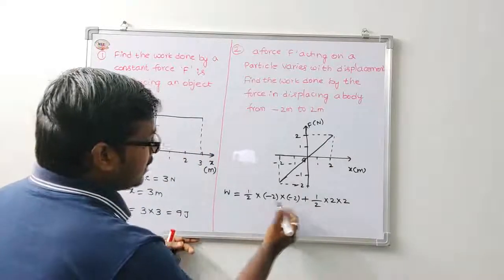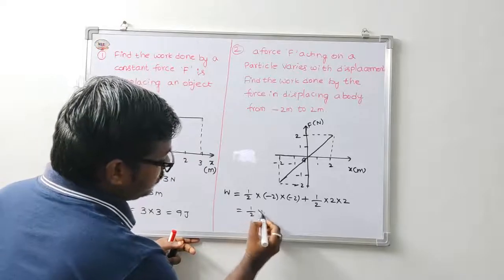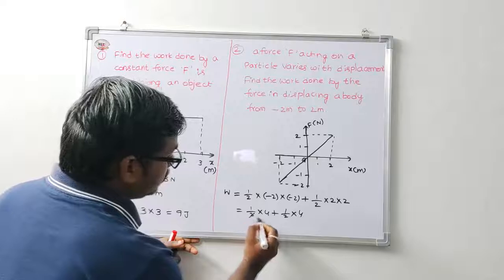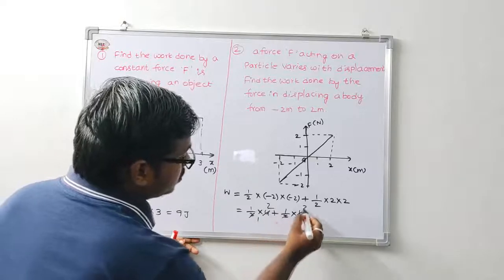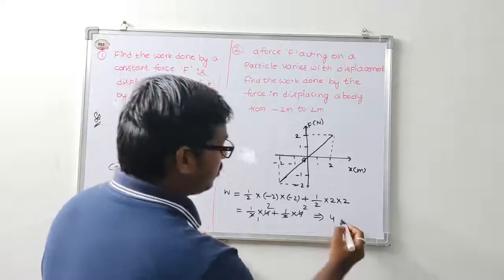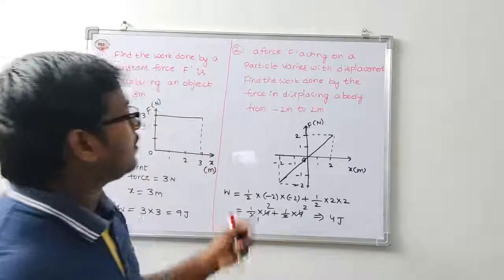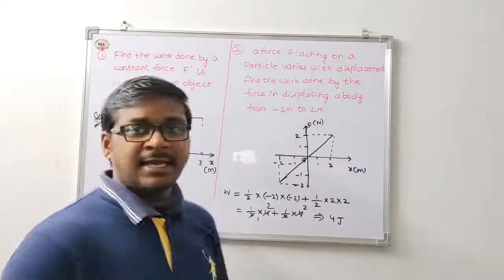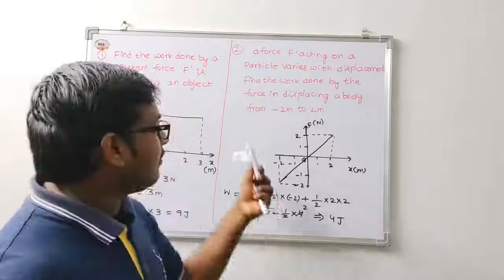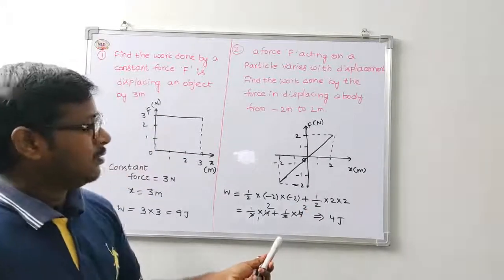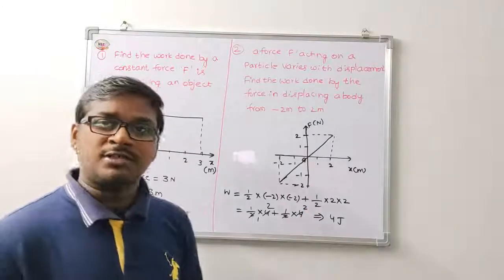Minus into minus, plus half into 4, plus half into 4. That is 2 plus 2 is equal to 4 joule. So when the particle is displaced from minus 2 meter to plus 2 meter, the work done is 4 joule.